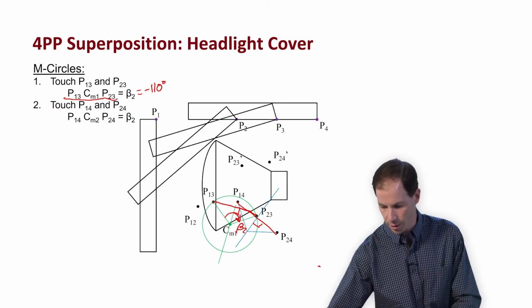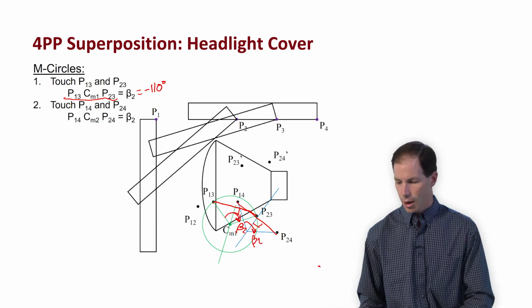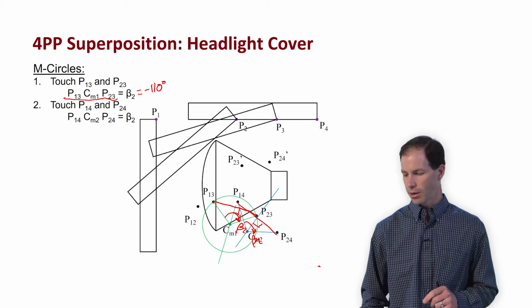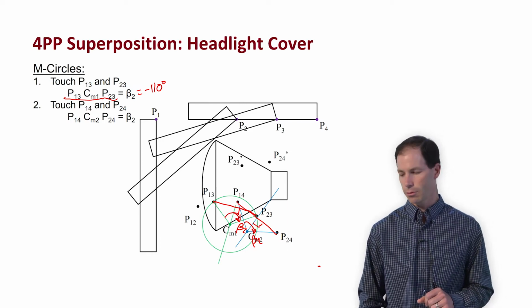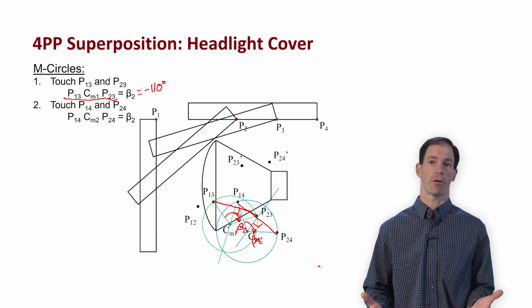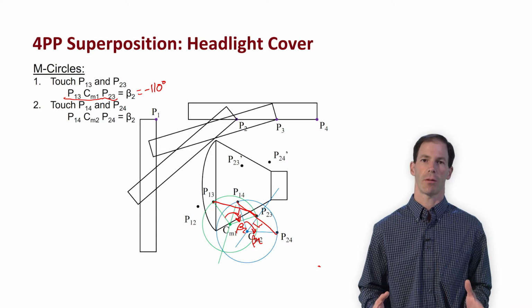And then that will define this angle right here, beta 2. And I can then use that to say, here is the center of my second M circle, CM2, and draw my second M circle. So we have now generated two different M circles for two different three-precision position problems.